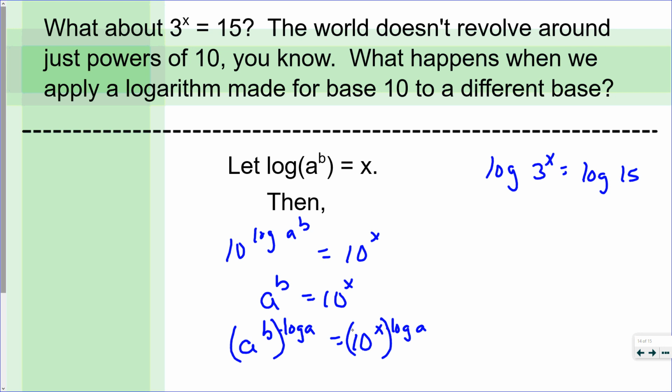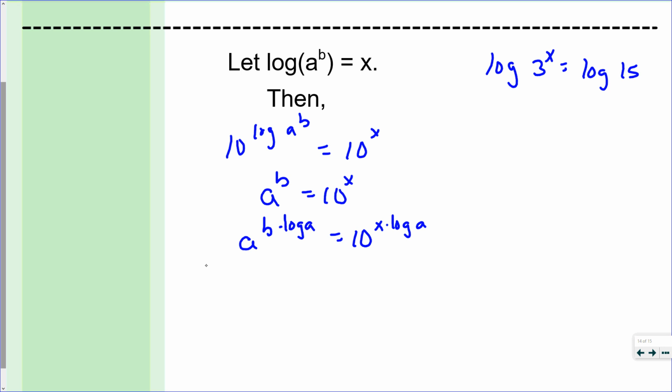By doing that, I can remove the parentheses and re-exchange these terms. And so now I have a to the log a times b equals 10 to the log a times x.